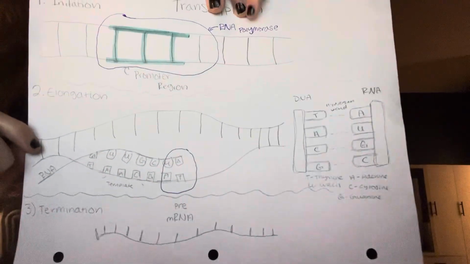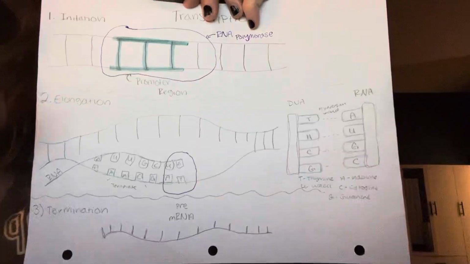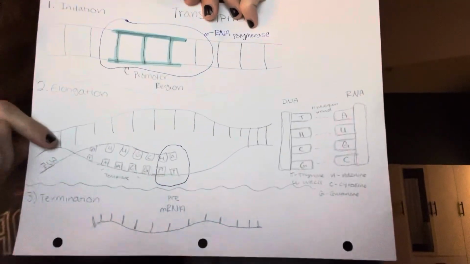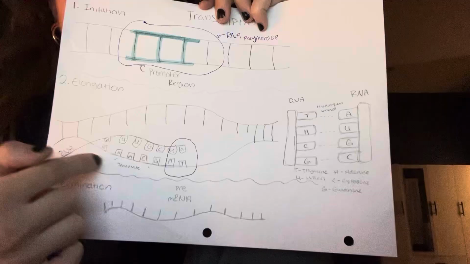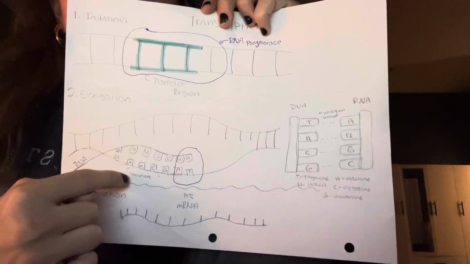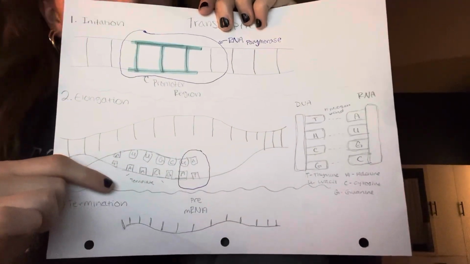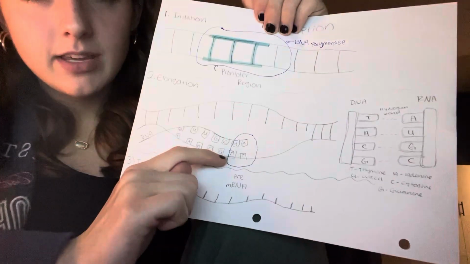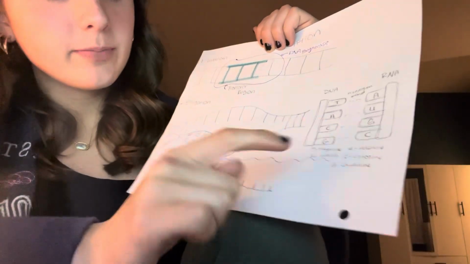In elongation, free ribonucleotides in the nucleoplasm pair with the exposed bases on the DNA template strand down here, and the RNA polymerase helps match them. They have specific codes that match to each other.